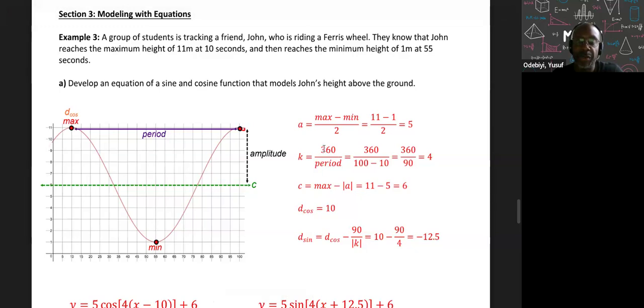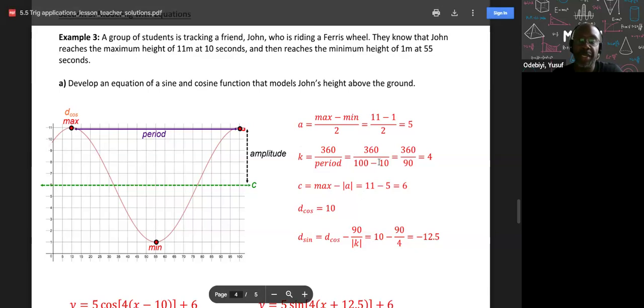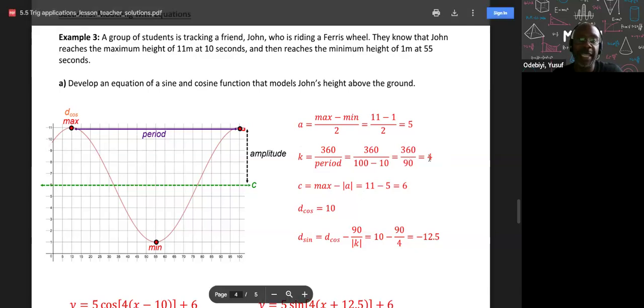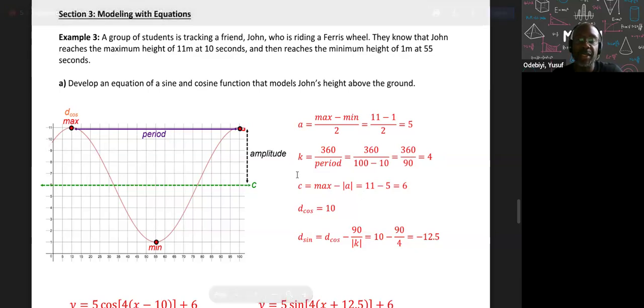So we look over here. K is equal to 360 divided by the period. So 360 divided by 100 minus 10, or I just know from there to there it took 90 seconds. So 360 divided by 90 gives you 4. So my K is 4. I know my K, I know my A. What else do I need to know? I need to know my shift, my C. My C, the shift, is equal to the max minus the amplitude.